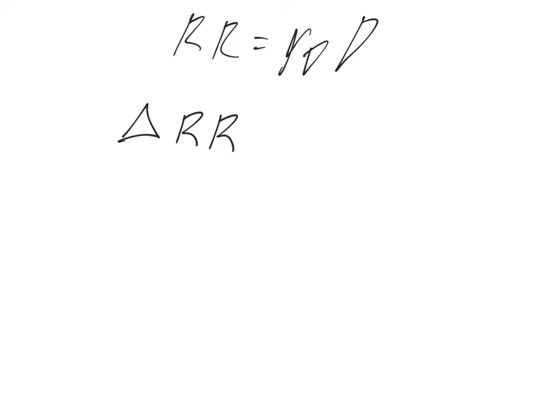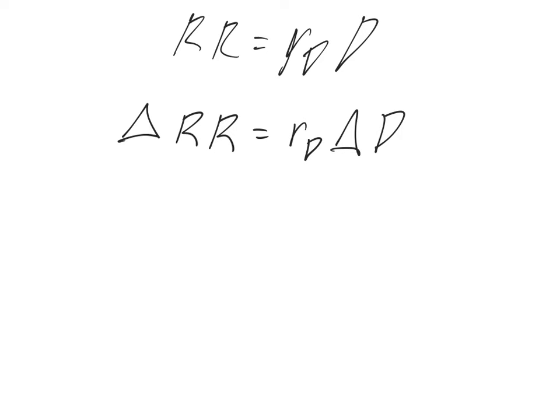So, required reserves in the most simple case is equal to, that's an R, by the way, RD times capital D. Now, that means if we take the delta, the change on each side, it will look like this. Remember that RD is a ratio, so the delta action does not affect it.